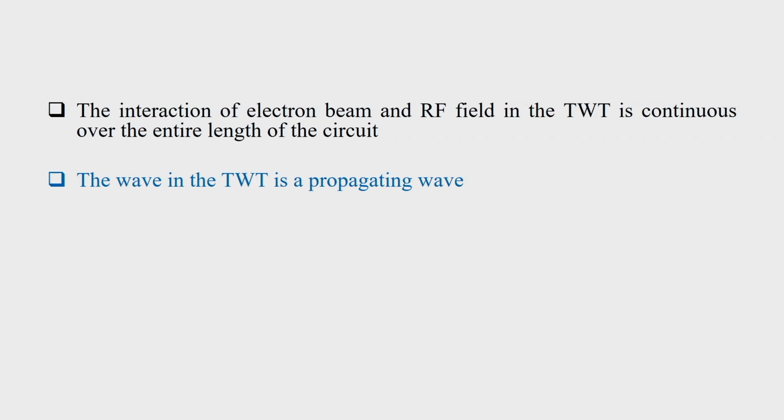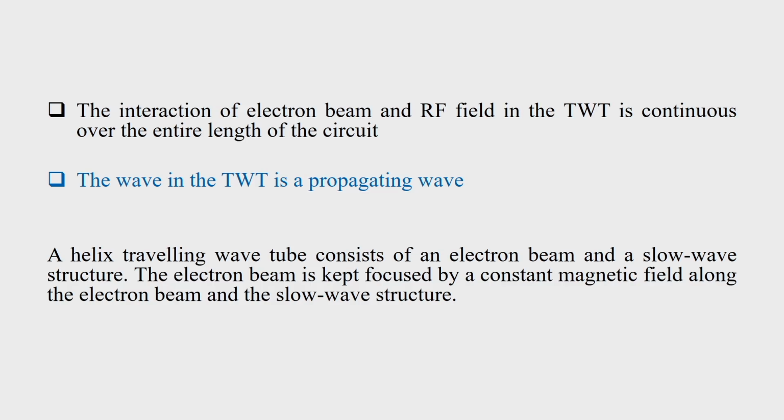So, in a TWT this interaction is continuous, and as we have mentioned, the wave in a TWT is a propagating wave, whereas in klystrons or magnetron the wave remains confined within the cavities. A helix travelling wave tube consists of an electron beam and a slow wave structure.